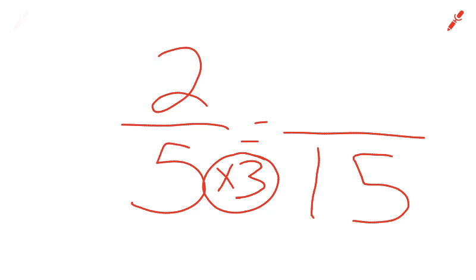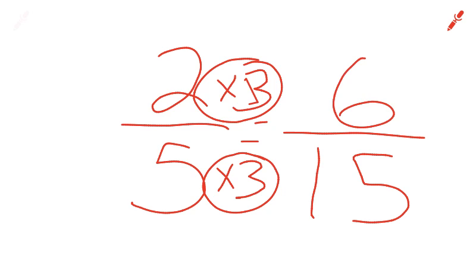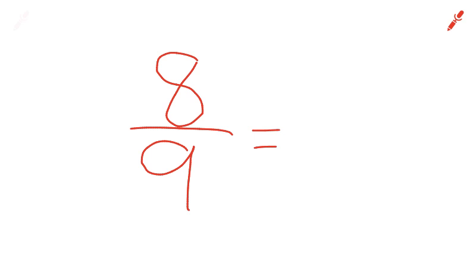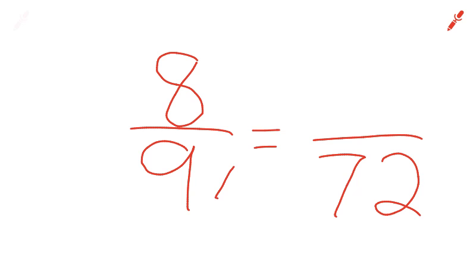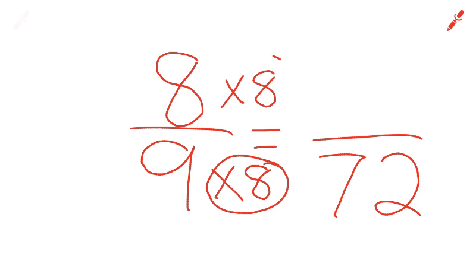If we do a times 3 here, we need to do a times 3 up top to figure out the answer. 2 times 3 is 6, and we have our answer. 3C, we have 8 over 9 equals something over 72. Well, 9 times 8 is 72. If we do a times 8 here, we must do a times 8 on top. 8 times 8 is 64.